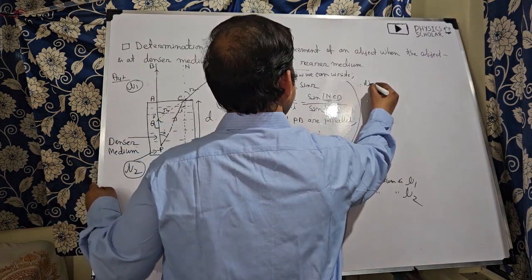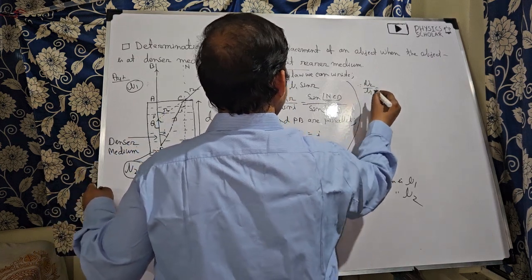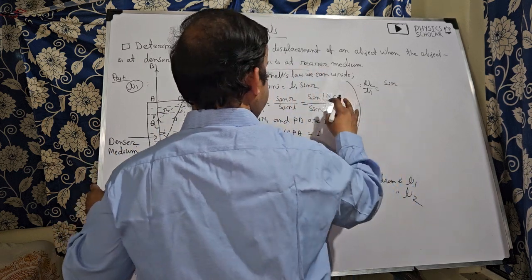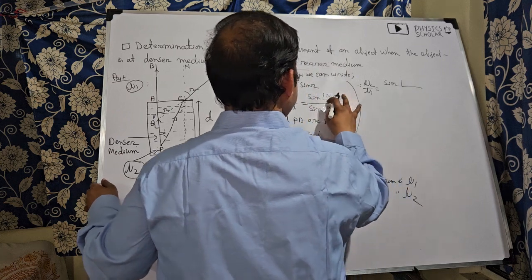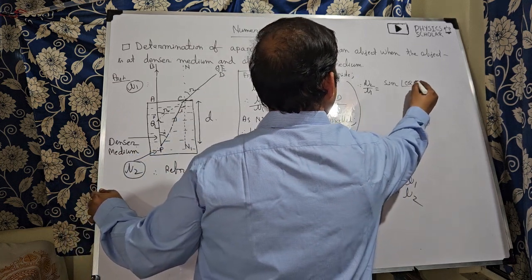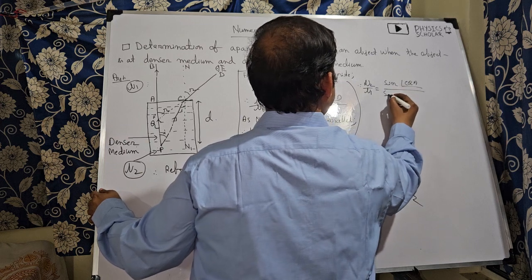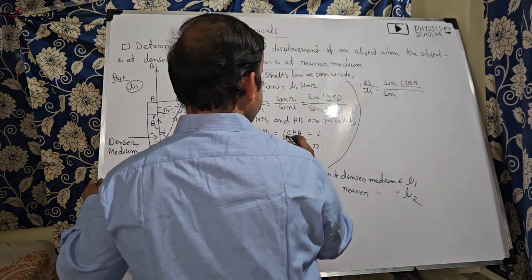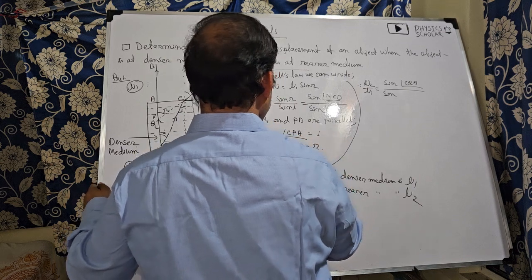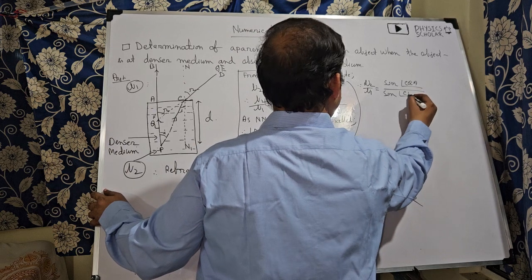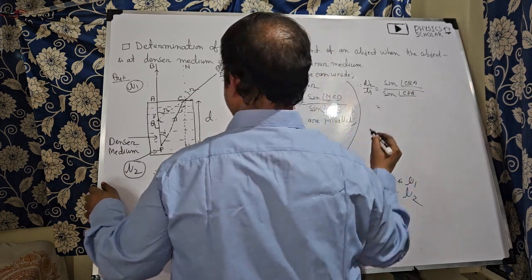So mu 2 by mu 1 is equal to sine NCD. Instead of NCD, what can you write? CQA. And sine PCN1. Instead of that, we can write CPA.